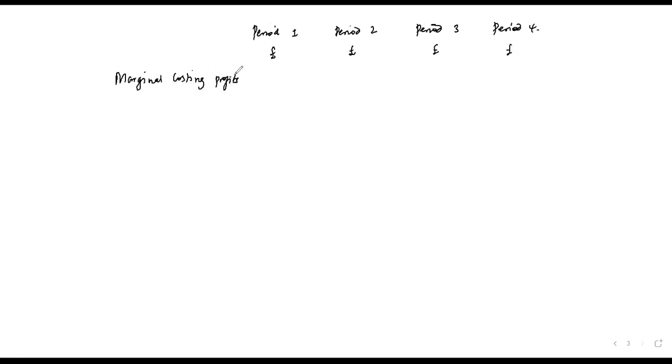So we have the marginal costing profits. Period 1, this was 6,500. You can check. Period 2, it's 4,000. Period 3, 7,750. Then period 4, it's 5,250. Then the absorption costing profits.